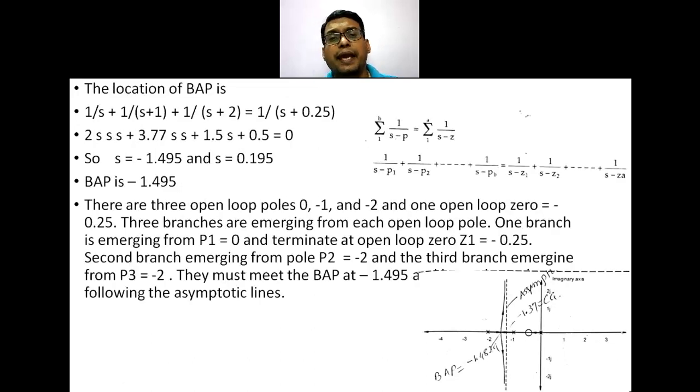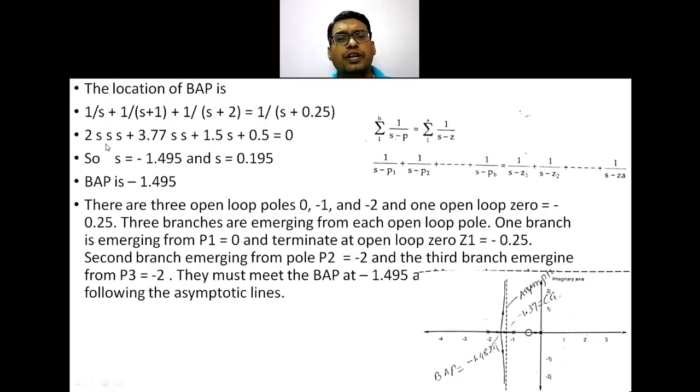The next is the breakaway point. The breakaway point satisfies summation of 1 upon (s minus p) equal to summation of 1 upon (s minus z). So 1 upon s plus 1 upon (s plus 1) plus 1 upon (s plus 2) is equal to 1 upon (s plus 0.25), that is related to the zero.